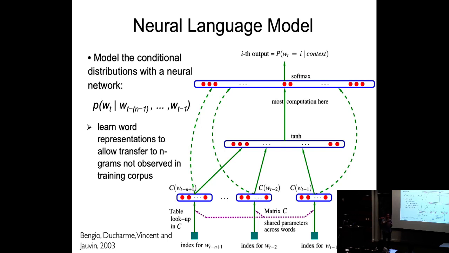Because you're effectively trying to predict the probability of the next word. So now the overall system is just a classification neural network. It takes the previous context, finds the embeddings of the words, takes the weighted average, pushes it through a nonlinearity, and then solves the classification problem of predicting the next word.